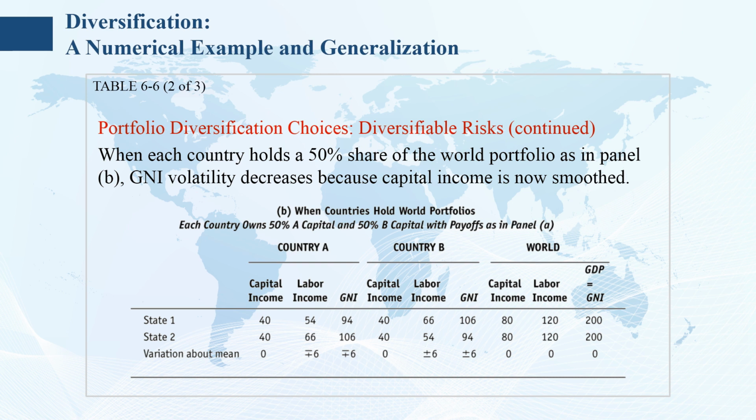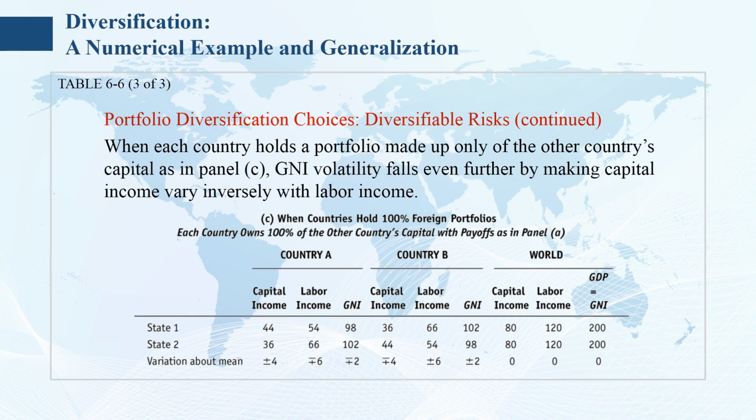The variation of GNI about its mean of 100 is plus or minus 6 in each country, compared with home portfolios. This variation is smaller. When each country holds a 50% share of the world portfolio, as in Panel B, GNI volatility decreases because capital income is now smoothed.